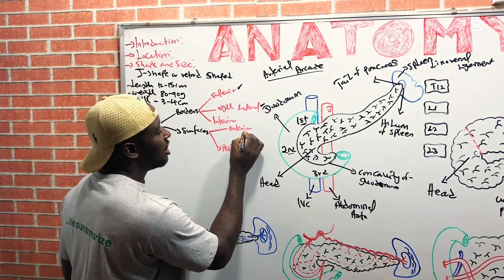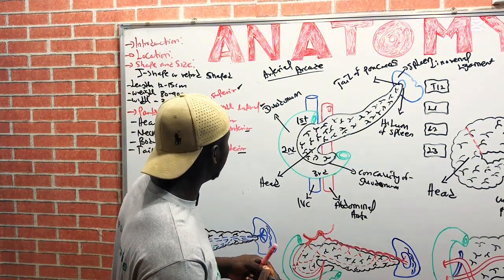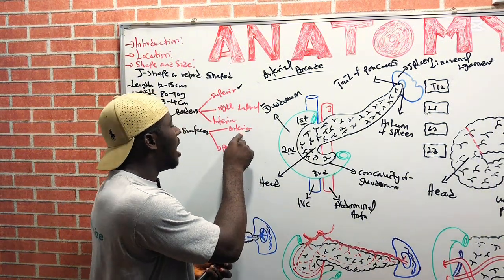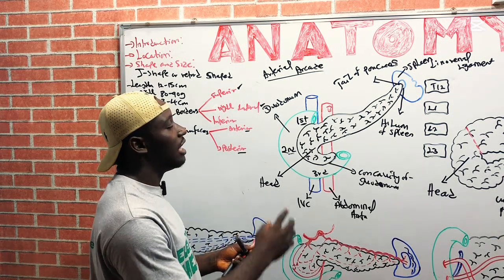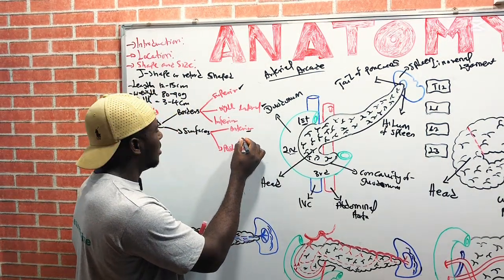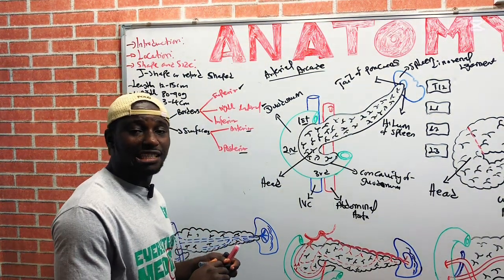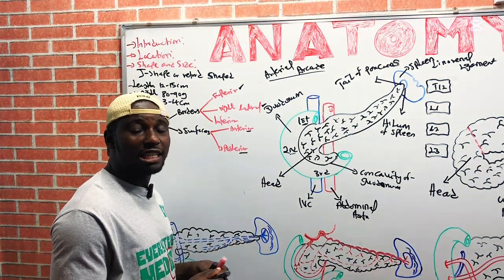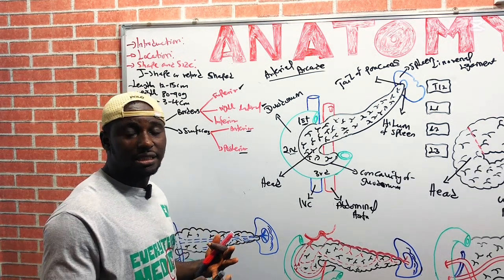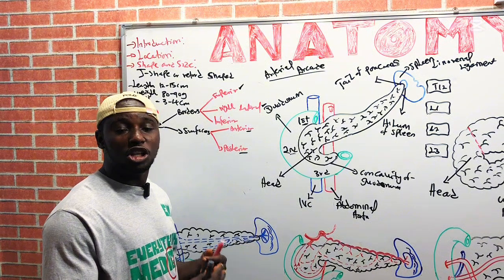Let's quickly move to the surfaces. We have the anterior surface and posterior surface. The anterior surface of the head of the pancreas is related to the gastroduodenal artery, the transverse colon, the root of the transverse mesocolon, and the jejunum.